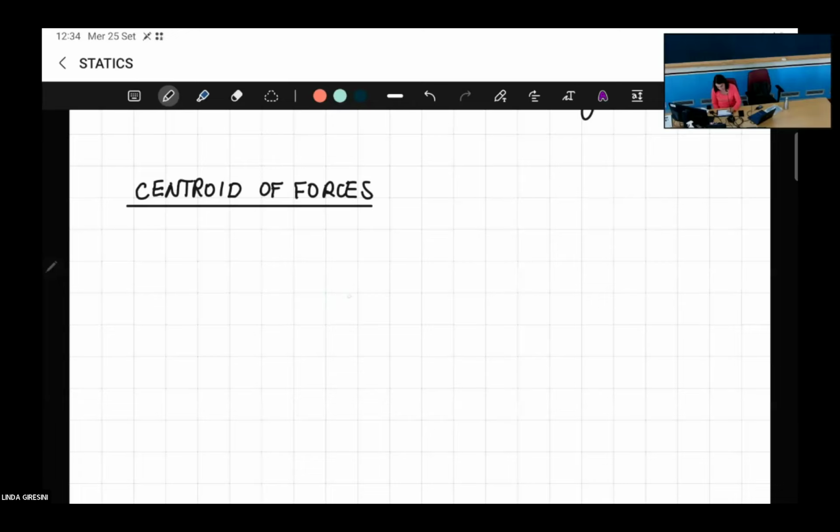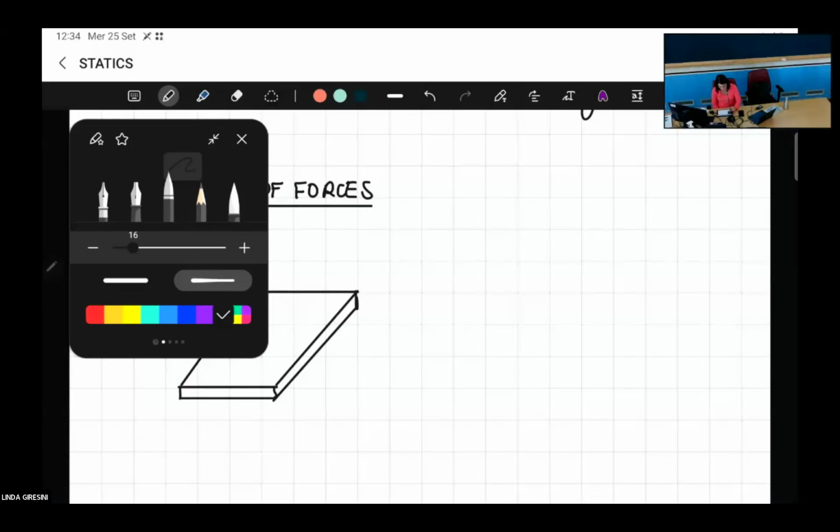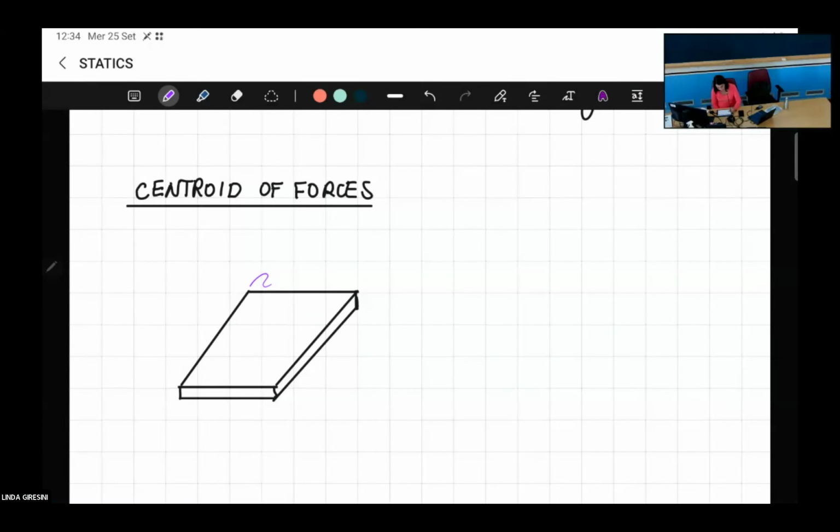So let us assume we have a plane, like a plate with a certain thickness. And we have also, as usual, a coordinate system, because when we have to solve some problems analytically, we need to know what the axes are.